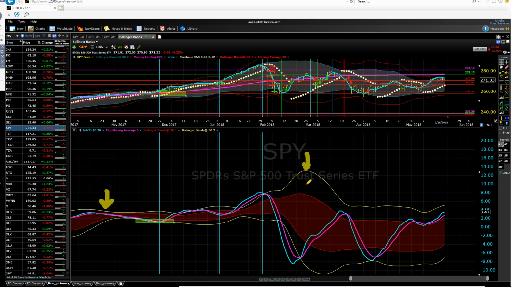We can actually look at this when the signal line crosses its 5-period exponential. That actually acts like a P1. When you get a MACD histogram line crossing its 5-period moving average outside of the red river, this now becomes a moment of great interest to us.